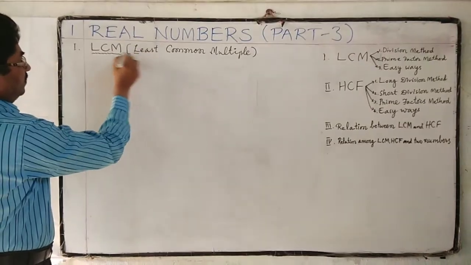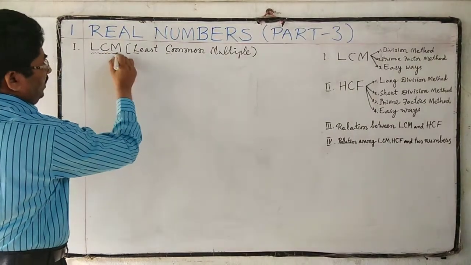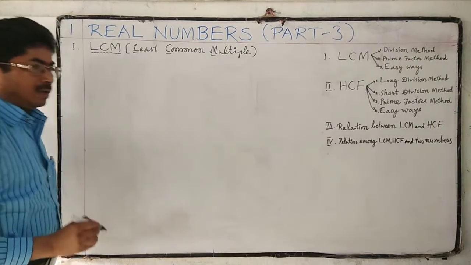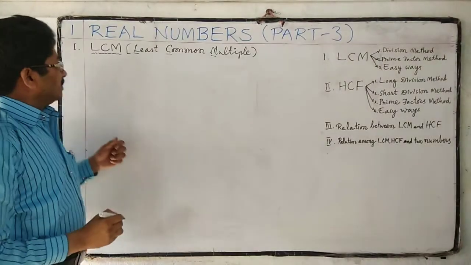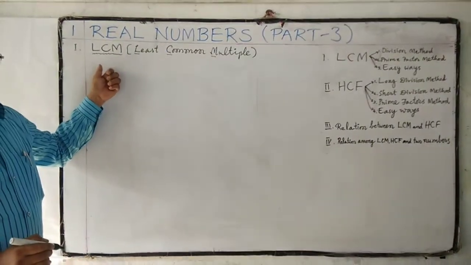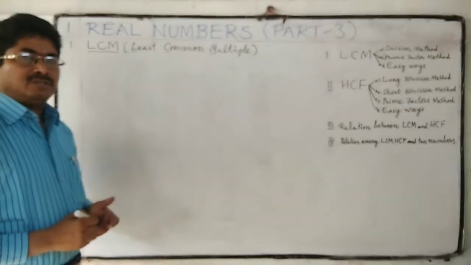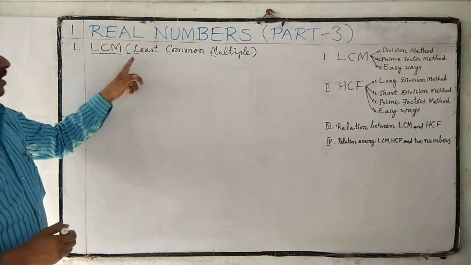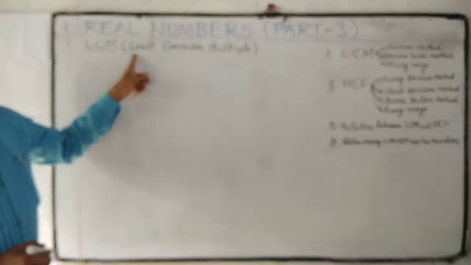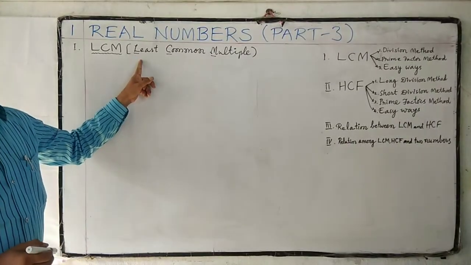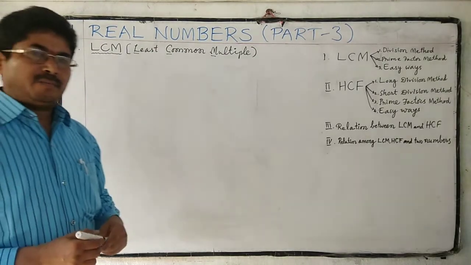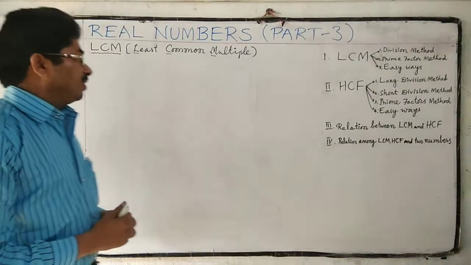L, least. C, common. M, multiple. The smallest of the common multiple of two or more numbers is called the LCM.